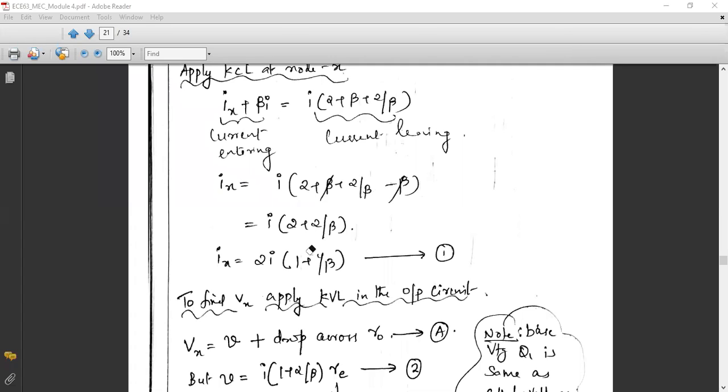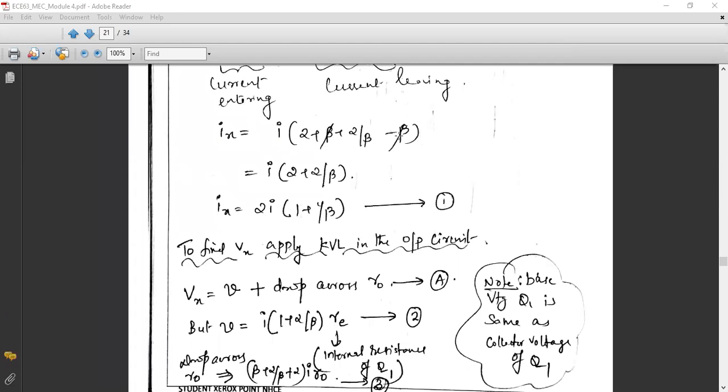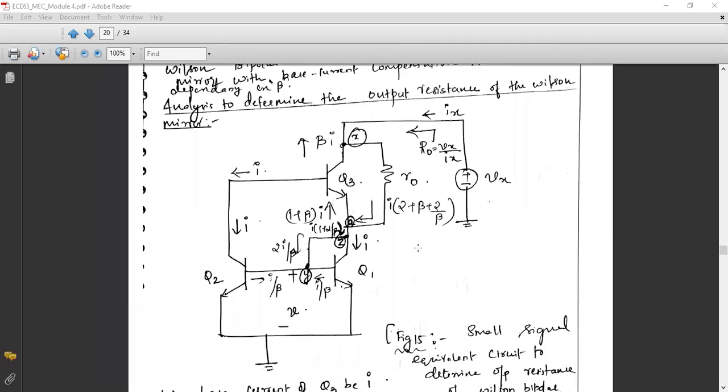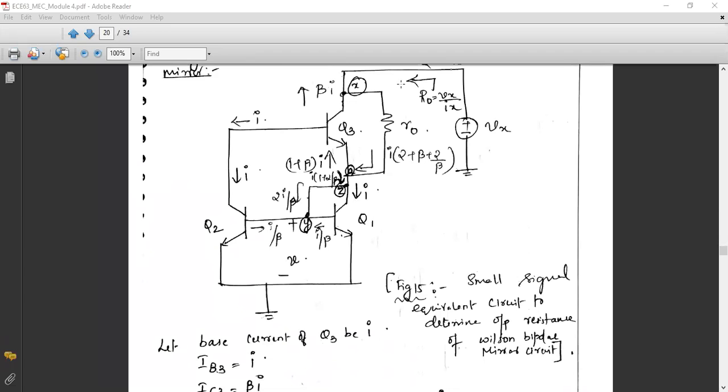So now we are going to find Vx. To find the voltage, we need to apply KVL to the output circuit. To find Vx, we are going to apply Kirchhoff's voltage law to the output circuit. So coming to the circuit again, if you see, the total output voltage at the collector terminal with respect to ground is nothing but Vx.